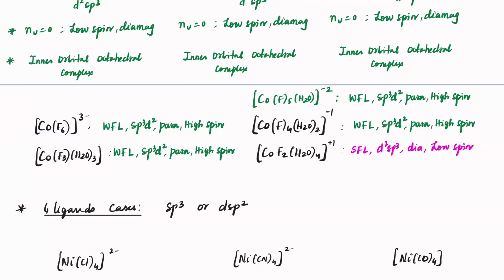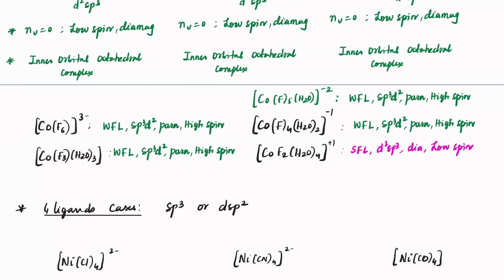If all water is there, definitely it is going to be strong field. If you have five water and one fluorine, still strong. Four water, two fluorine, still strong. But after that, three fluorine and three water, four fluorine and two water, five fluorine and one water, or all six fluorines, all these cases are weak field.